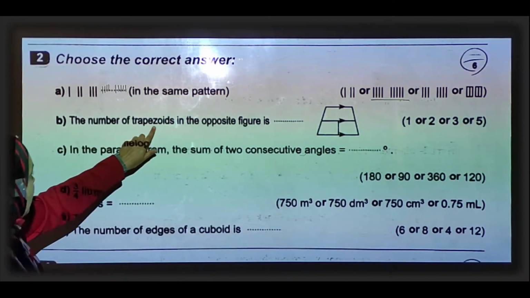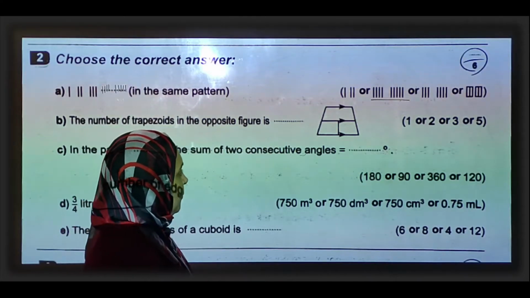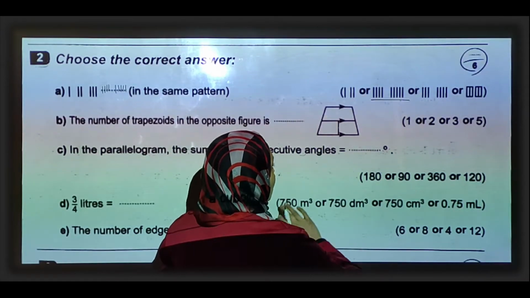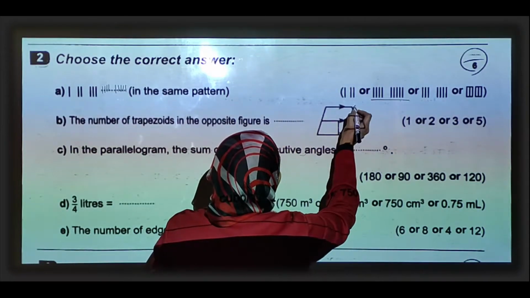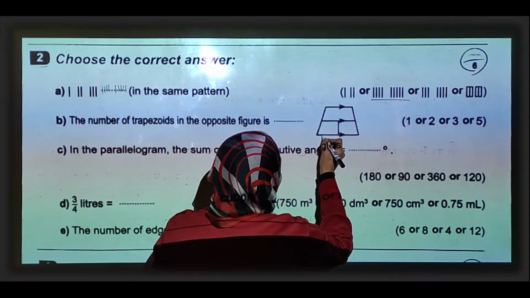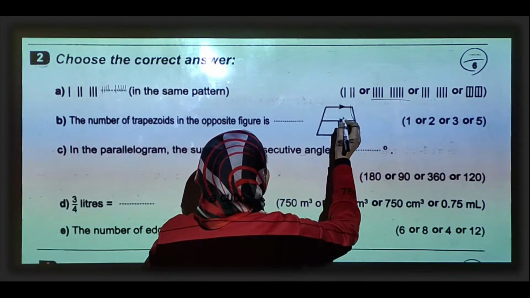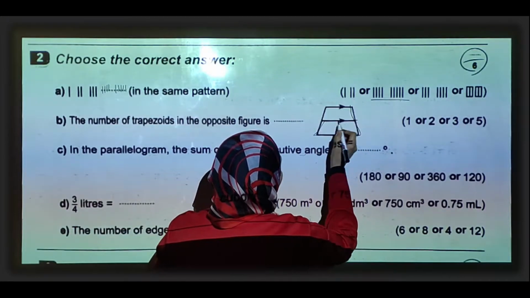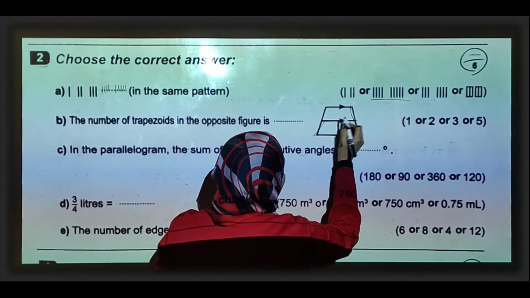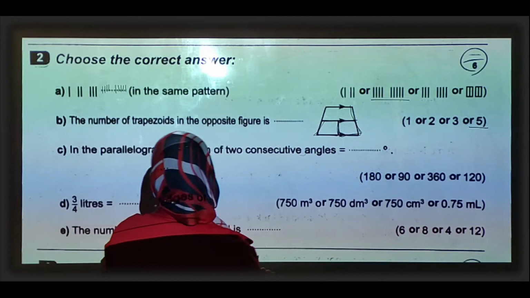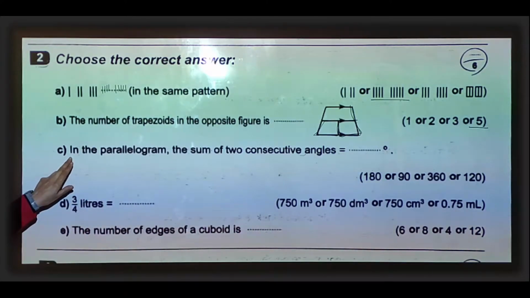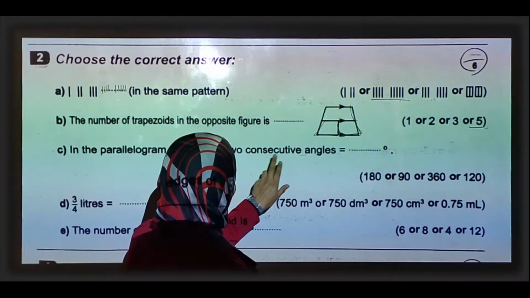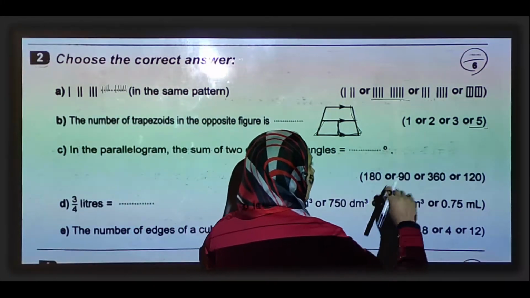The number of trapezoids in the opposite figure. These 3 lines are parallel. So we have 1 trapezoid, 1, 2, 3, 4, 5. In the parallelogram, the sum of 2 consecutive angles is what?